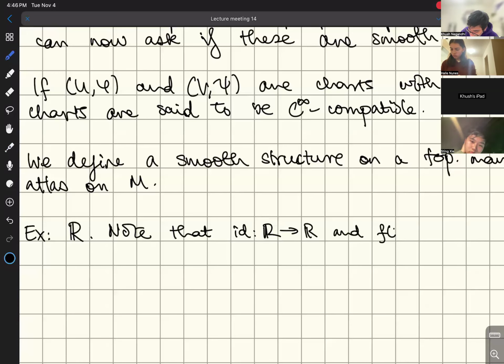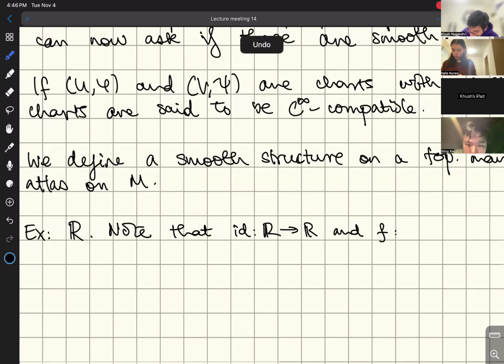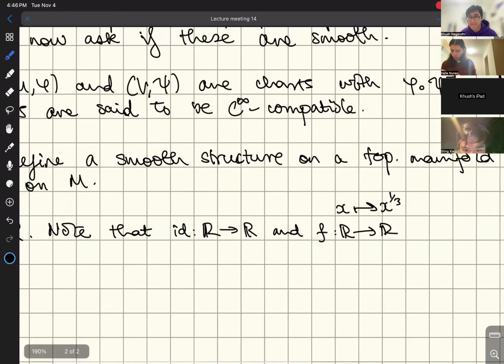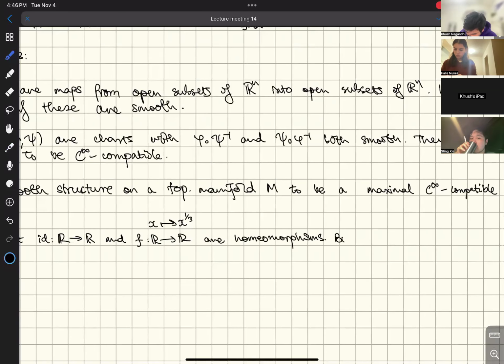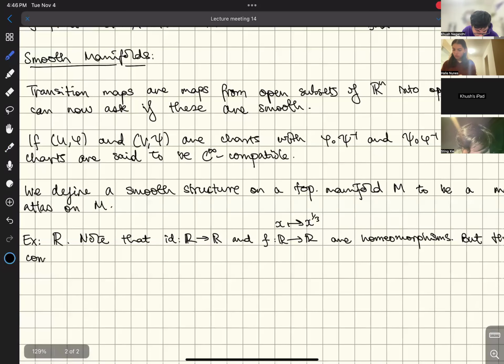And the map f from R to R, given by x goes to the cube root of x. Both of these are homeomorphisms, but they are not C infinity compatible.